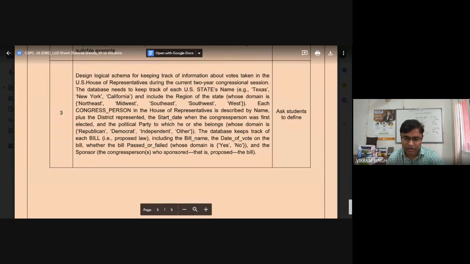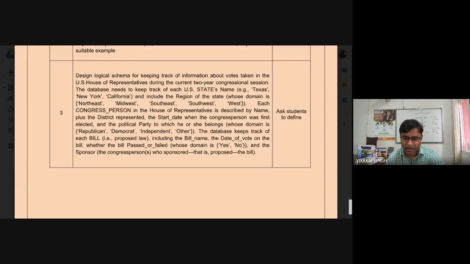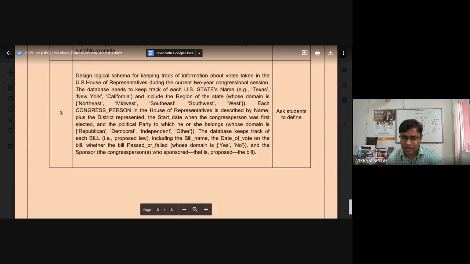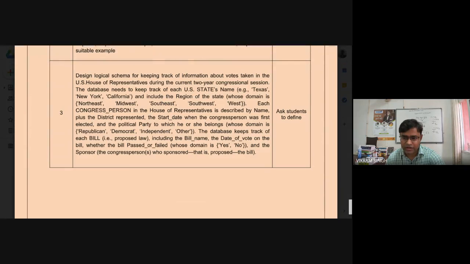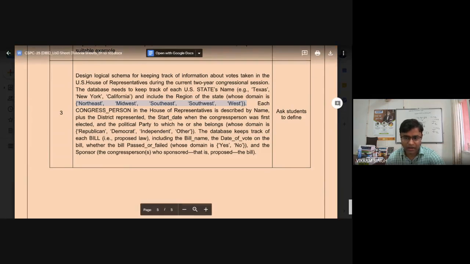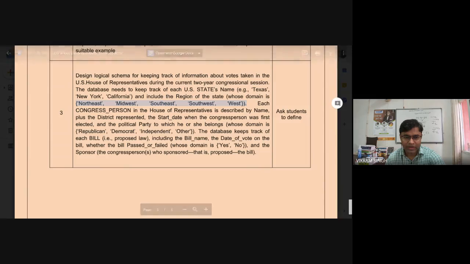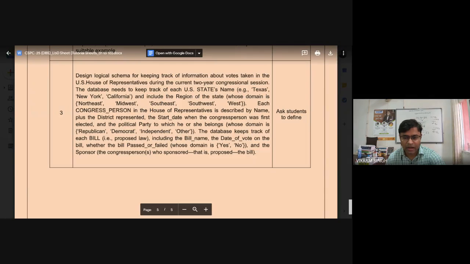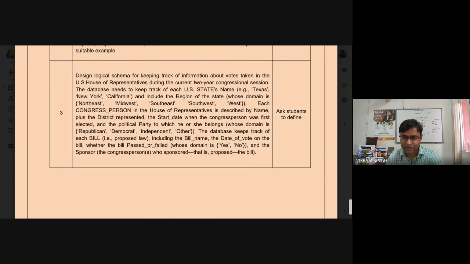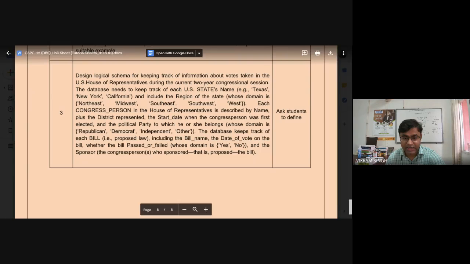Now, if you read the scenario, there are a lot of situations where values are given, like the database needs to keep track of US state names like Texas, New York, California, and include the region of the state whose domain is northeast, middle east, southeast.